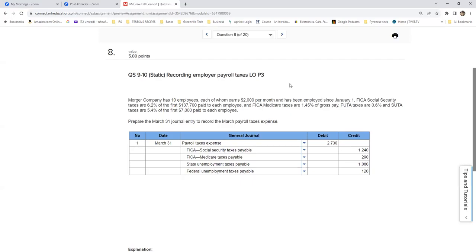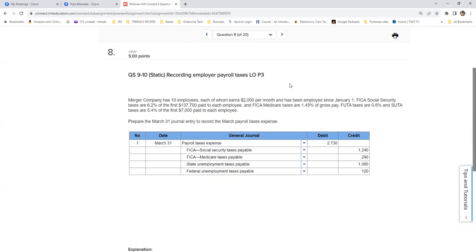And then it gives us Social Security taxes of 6.2% of the first 137.7. Then FICA, which is 1.45%, and that's unlimited. There's no cap on that, as I explained in my lecture video. Then you have federal unemployment tax called FUTA and state unemployment tax called SUTA.